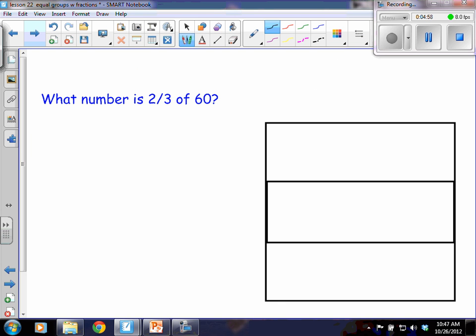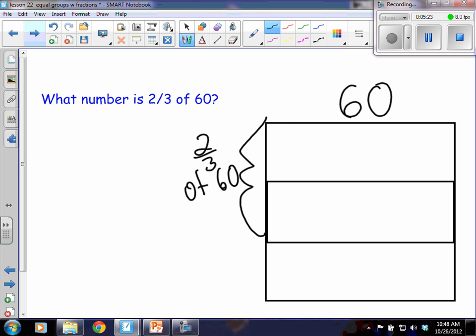We can also just take numbers and divide this all up. And so what number is 2/3 of 60? Once again, you see the box is drawn. My total goes up at the top of 60. I can put my fraction parts in here. 2/3 of 60, which would mean that this is going to be 1/3 of 60.